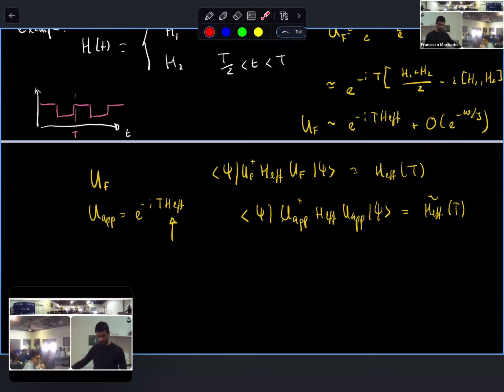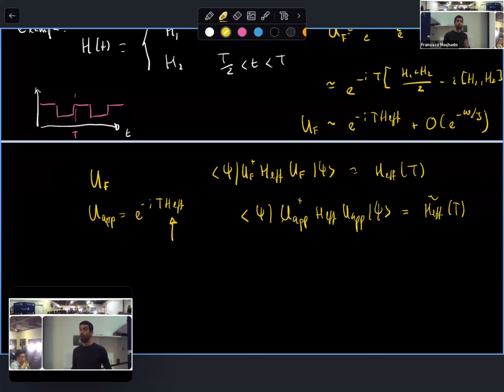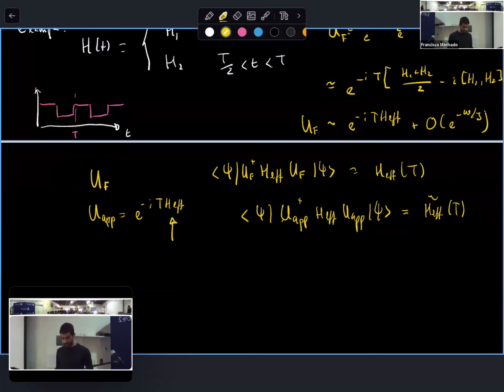Okay, perfect. So the crucial thing about choosing this particular operator to understand the thermalization is that because H effective is generating the dynamics, I know that this has to be the energy at time equals 0. So if I look at the dynamics under my total evolution, it might change a little bit. But after my approximate evolution, it doesn't change at all.